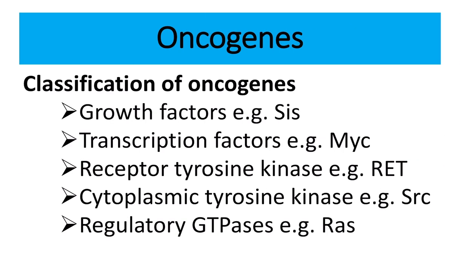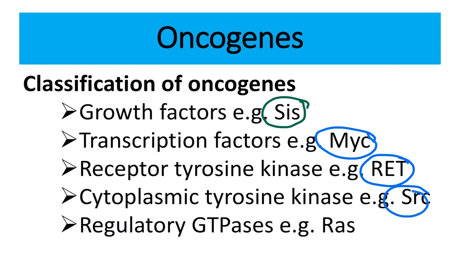Here is the classification of oncogenes. First, growth factors such as SIS, transcription factor MYC, receptor tyrosine kinase RET, cytoplasmic tyrosine kinase SRC, and regulatory GTPase RAS. So SIS, MYC, RET, SRC, RAS are oncogenes. That means they cause cancer.